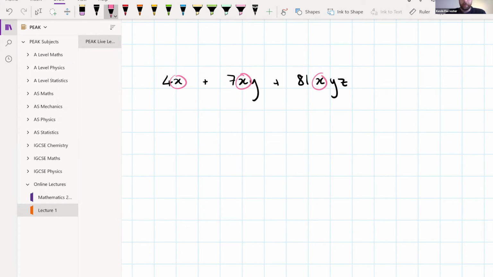Okay, so that's pretty nice. So we can factorize out that common factor. So I'll take out the x and then I'll open up my brackets. Now, what are the leftover bits? We see that we have a 4, because 4x gives us an x times 4. And we have 7y left over here. And the last one is going to be 81yz.